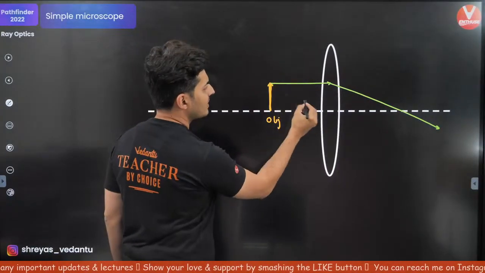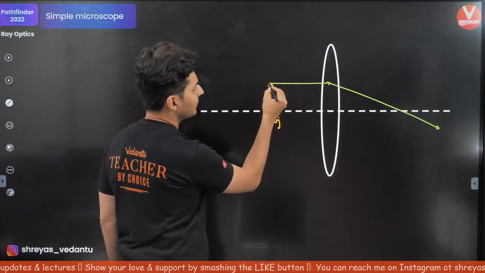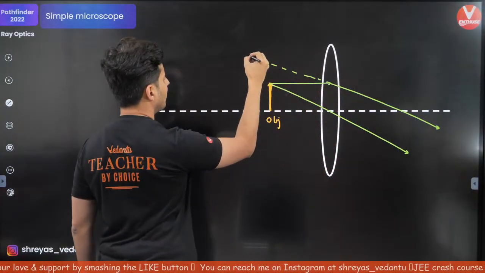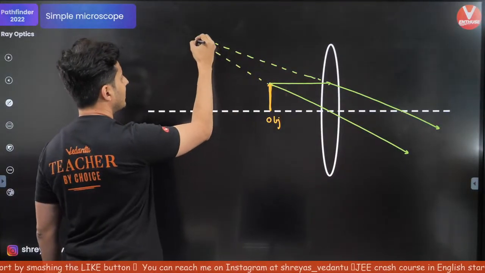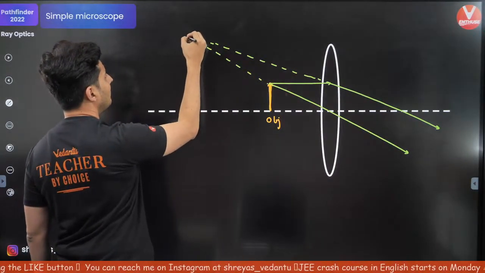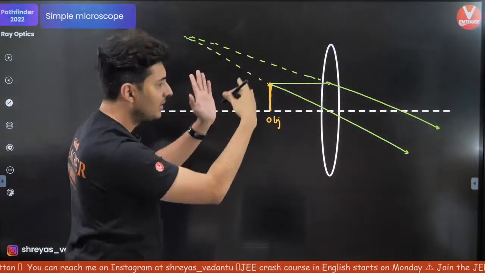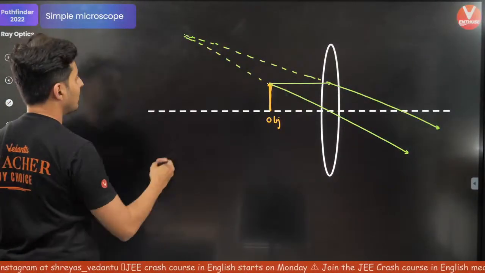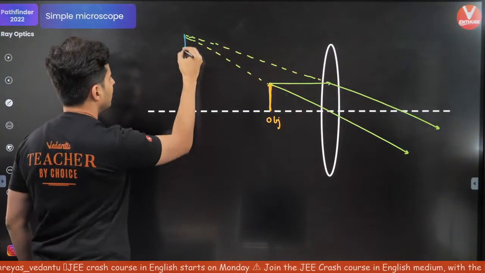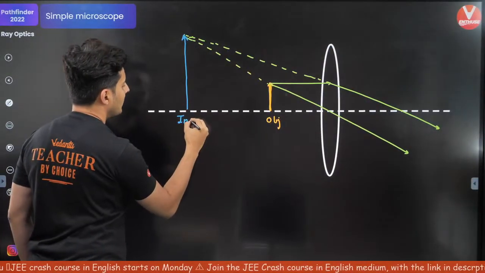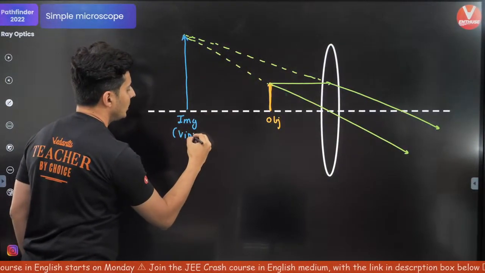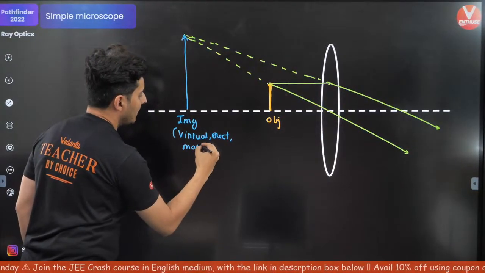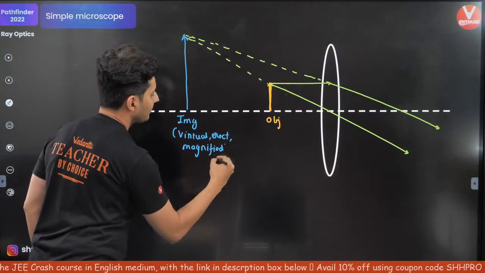I can draw another ray which passes through the center of the lens, which will be undeviated. If I extend these rays backwards, I know the image will be formed somewhere over here. I'm drawing it randomly, so ignore the actual geometry. This image is obviously virtual, erect, and also magnified. You can see that very easily.